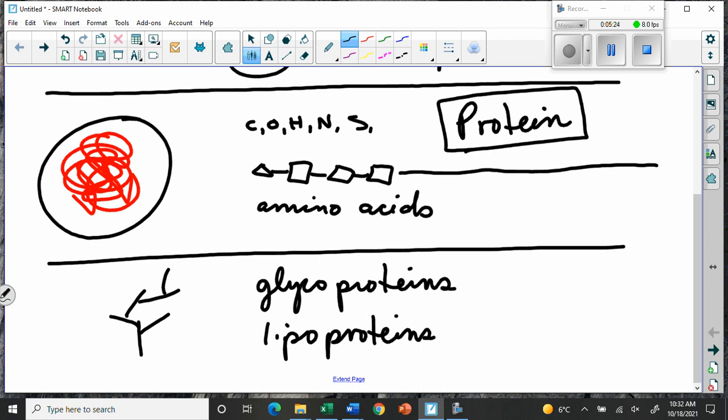The word glyco comes from glucose, glycogen. It reminds us of the carbohydrates. Whenever you see glyco, you should think carbohydrate. You might want to jot that down. Glyco means carbohydrate. So it's a carb molecule, a carbohydrate joined to a protein.